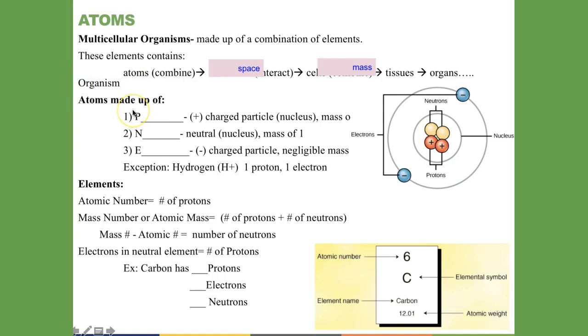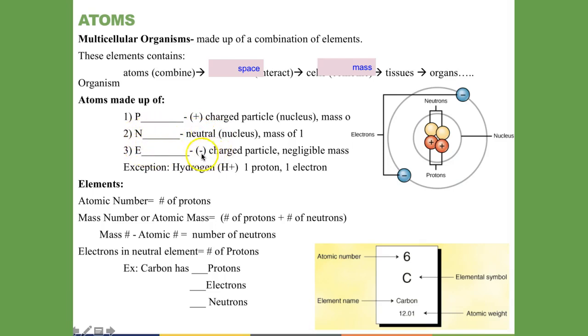So remember right now, this past slide, we said atoms are made up of, which ones are the ones that are positively charged? Protons. Okay, protons positively charged. Then the neutral particles inside the nucleus, right here, those are the neutrons.